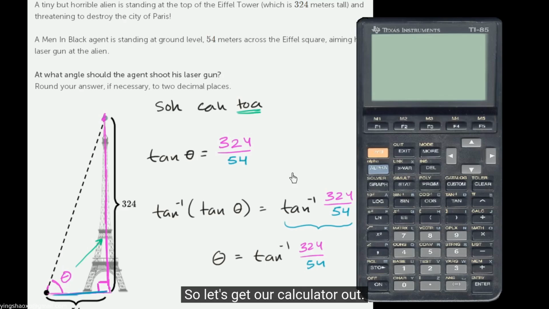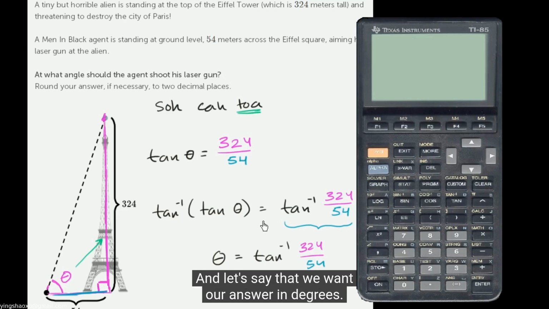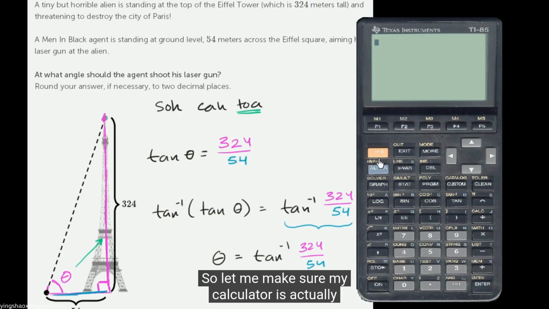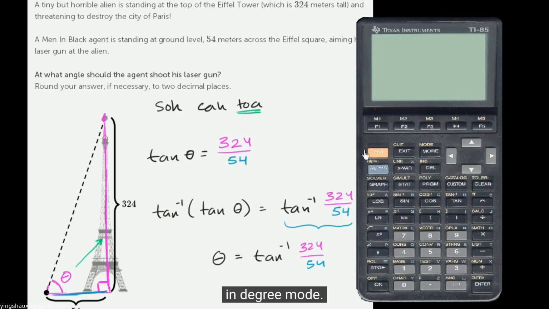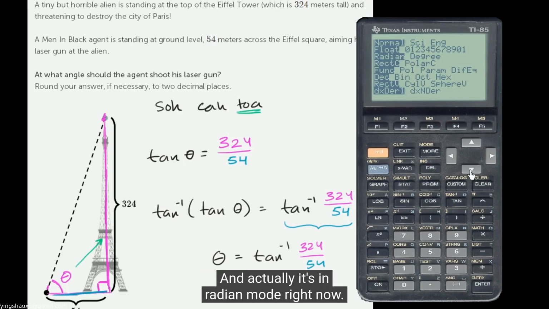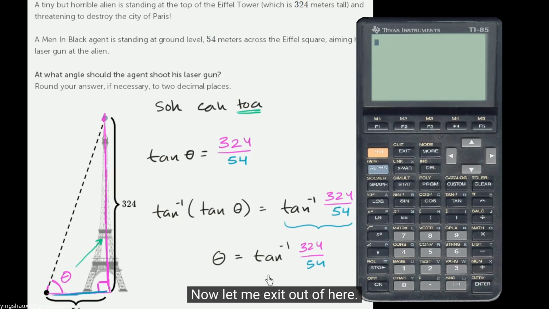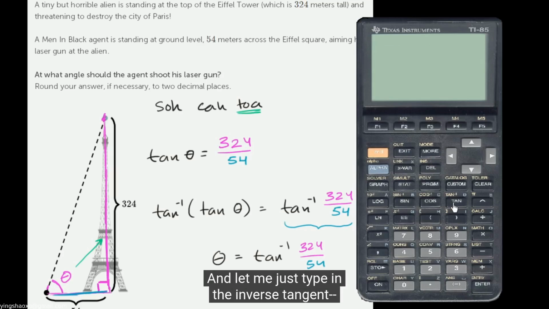So let's get our calculator out, and let's say that we want our answer in degrees. I'm just going to assume that they want our answer in degrees. So let me make sure my calculator is actually in degree mode. I'll go to the second mode right over here, and actually it's in radian mode right now. So let me make sure I'm in degree mode to get my answer in degrees. Now let me exit out of here, and let me just type in the inverse tangent.